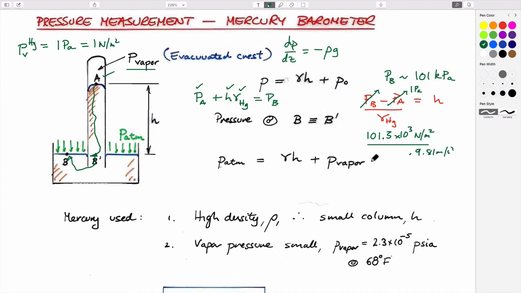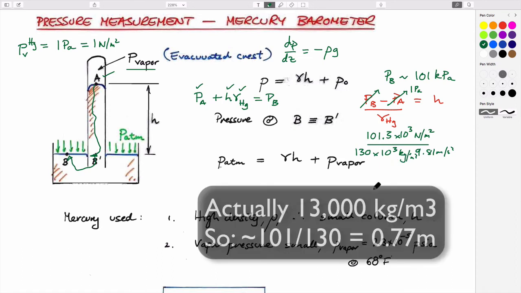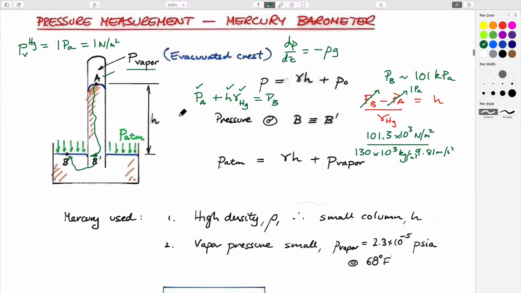And it turns out that the density of mercury is 13,600 kilograms per cubic meter. So meters per second squared times kilograms gives you newtons, and so if you do the calculation, it should come out to be something like 74 centimeters.